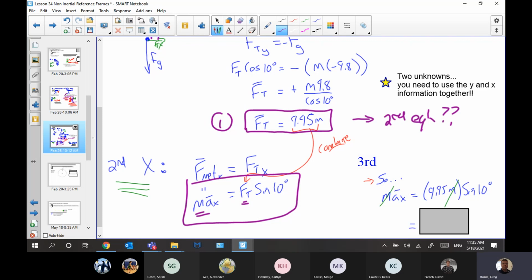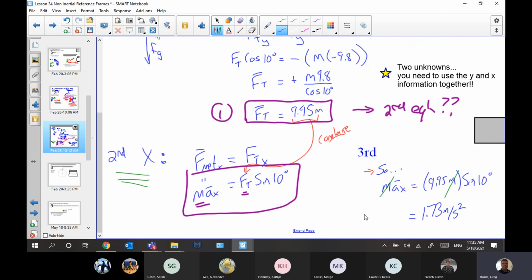Oh, because the masses cancel out. So your 2 unknowns were really the acceleration and the tension force. You can see that it works: the tension force plugs in, the masses cancel out, and the acceleration solves to 1.73 meters per second squared. I don't know if I want to leave this talking about 2 equations, 2 unknowns. It's a little bit different than that.